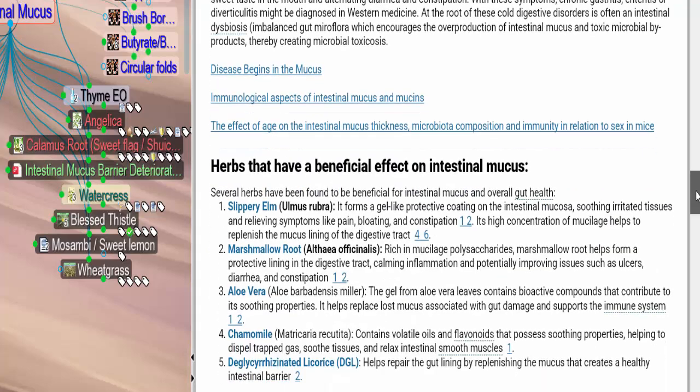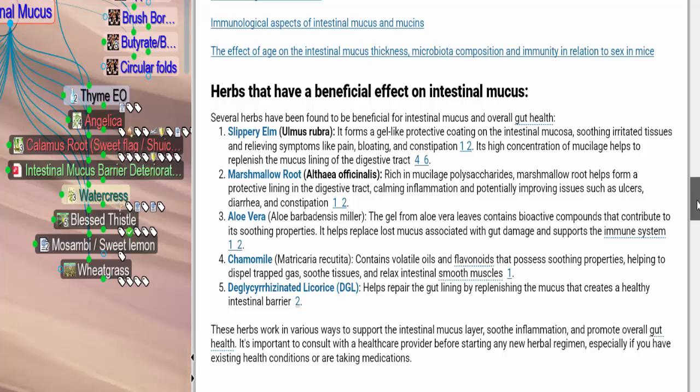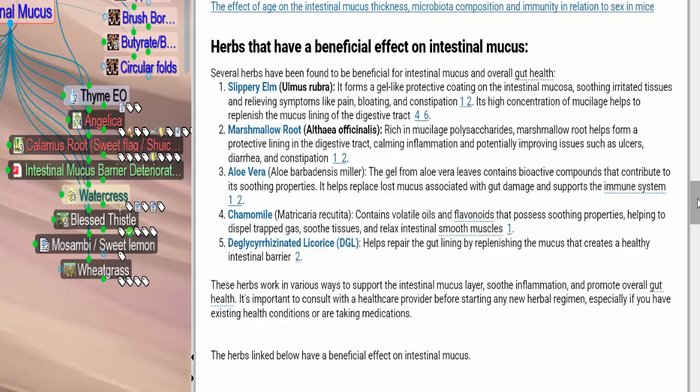So what herbs have a beneficial effect on intestinal mucus? There are quite a few, but these highlight some of the best. Slippery elm, marshmallow root. We did talk about marshmallow root briefly, and we'll do that in this video. Aloe vera, chamomile, deglycerized licorice. Now we've got marshmallow root, chamomile, and deglycerized licorice in our tiles for the round table.